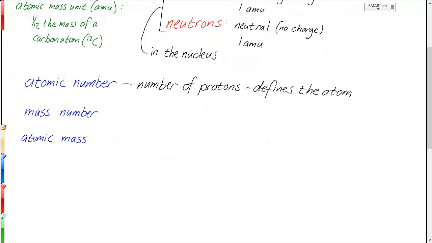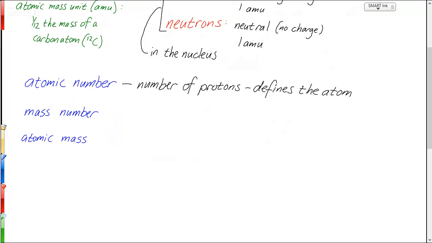We see the atomic numbers in blue on this periodic table. On other periodic tables, they may not be in blue, but they're always whole numbers. They're usually at the top, and they count up starting at 1 at the top left corner, all the way up to whatever, 118 at this point, is what's been discovered. So those numbers all refer to the number of protons in the atom, and they define the atom to be what it is.